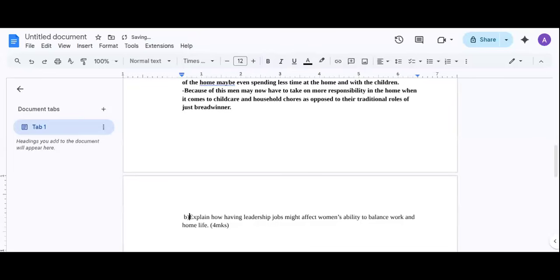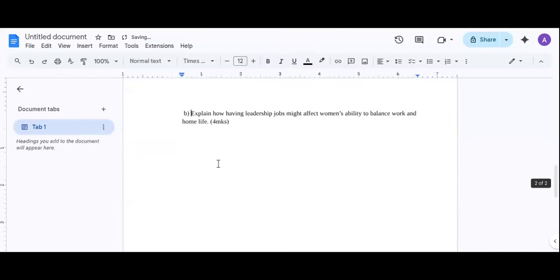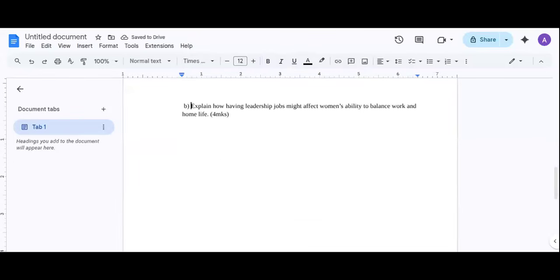So part B of the question says to explain how having leadership jobs might affect women's ability to balance work and home life. If you notice, they didn't ask for a specific number here. They didn't say explain how or give two explanations, but we could see that it's for 4 marks.